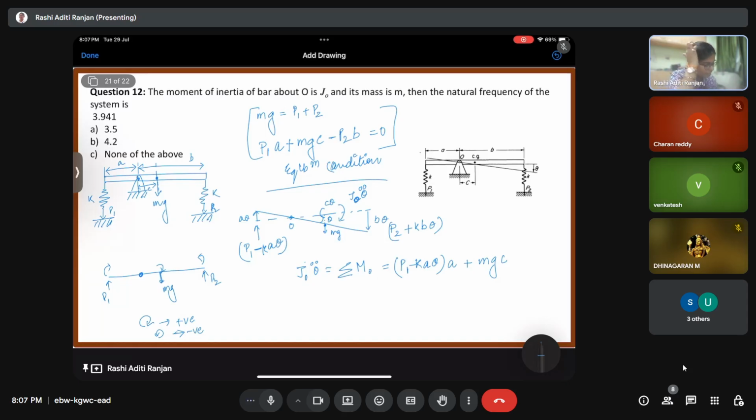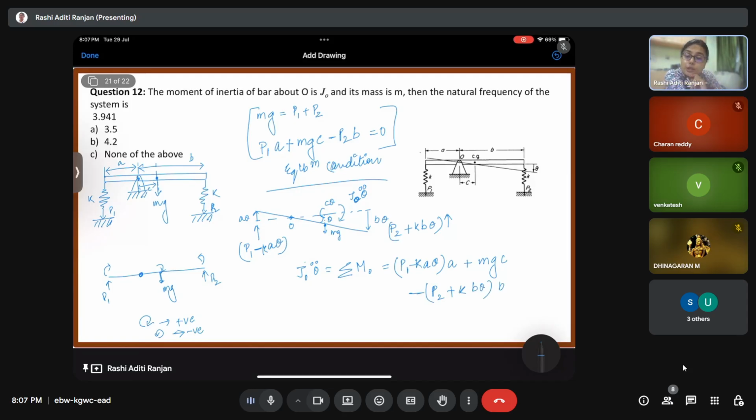We know it is perpendicular, so only this arm distance will be multiplied. Okay. And then we have P2, which is acting in the upward direction, so anti-clockwise. Minus of P2 plus K B theta into B, right?